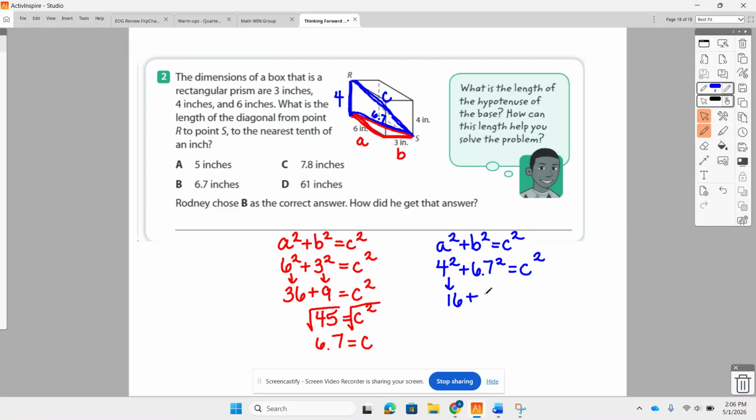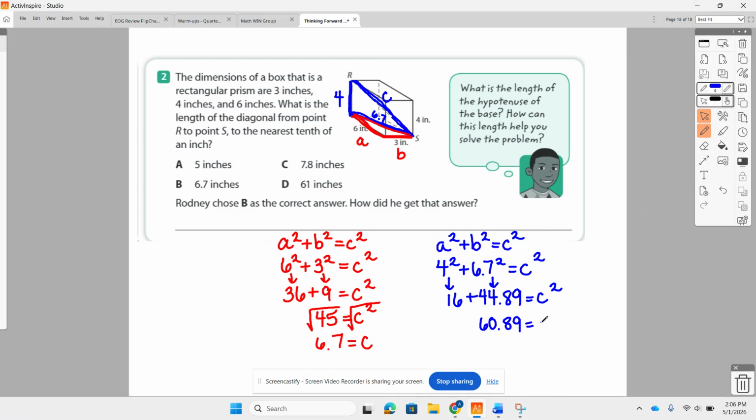Okay, and then 6.7 squared is about 44.89. Okay, add those together, and I get 60.89.